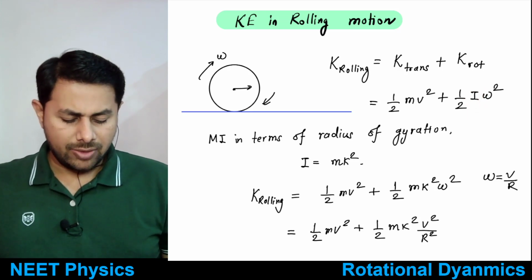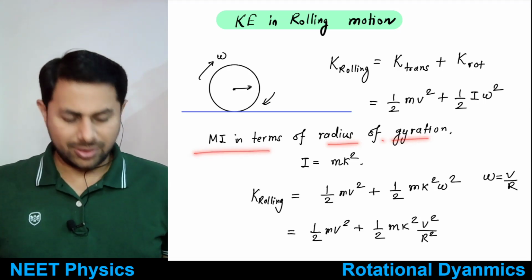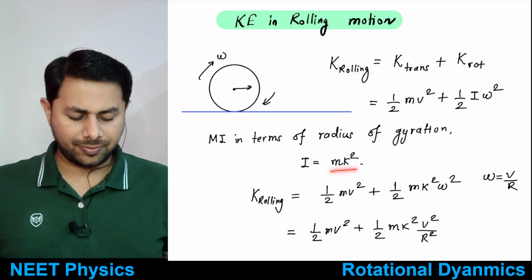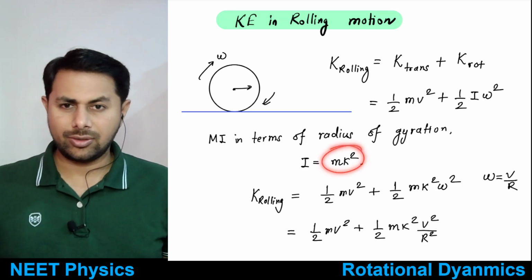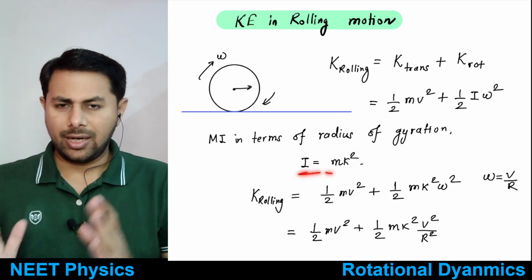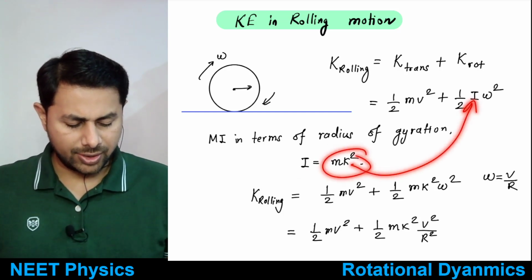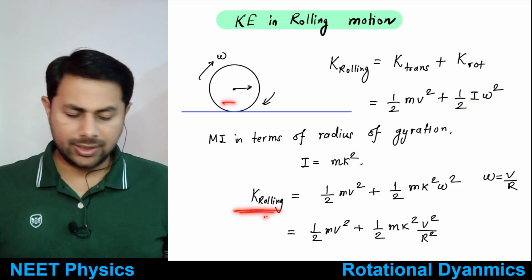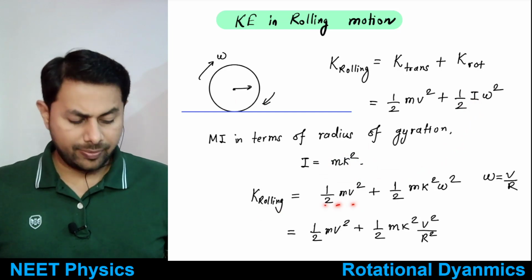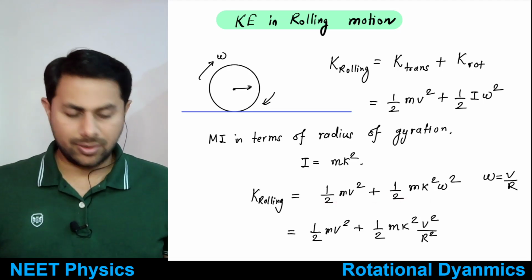So then we know that moment of inertia in terms of radius of gyration is equal to mk square, okay? Moment of inertia in terms of radius of gyration is given by I equals mk square. So then just put that over here. What do we get? Kinetic energy of rolling motion of this body is equal to half of mv square plus half of mk square omega square, okay?